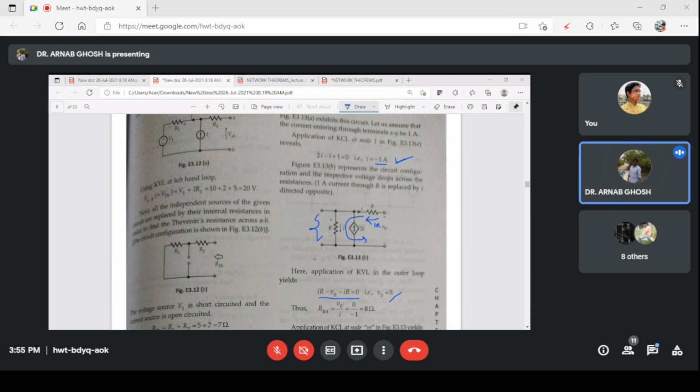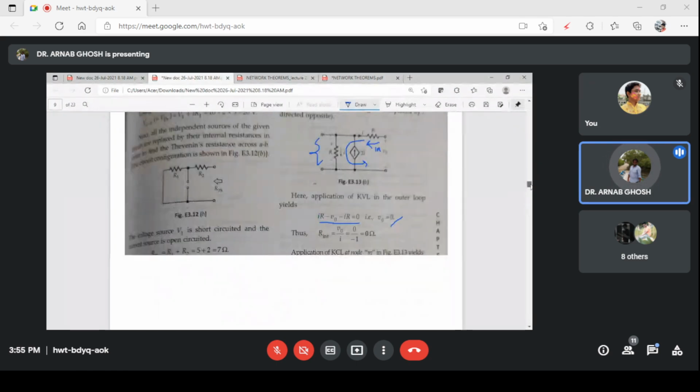Now you have to calculate the voltage considering this current source. For the current source, you are not open circuiting it. So when you are connecting this resistance, what was the value of the current?